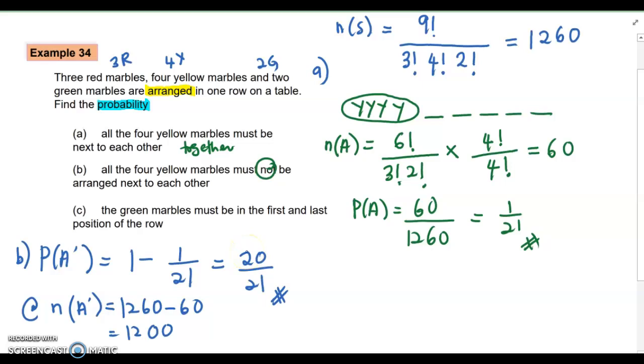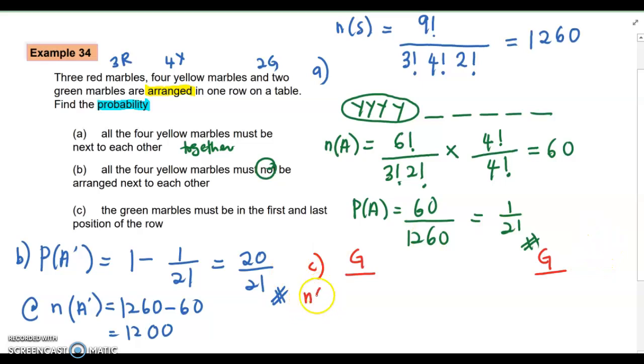For question C, the green marble must be in the first and the last position. For question C, the condition is that the first must be green and the last one also must be green.